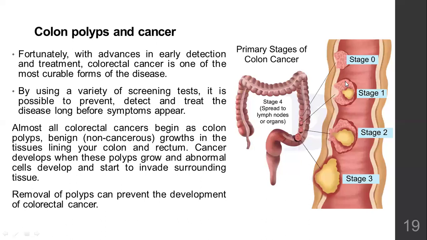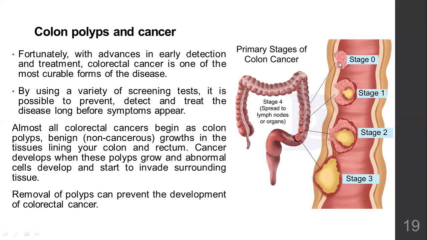A lot of screening tests are also possible to understand whether you have polyps or whether it has become cancerous. Almost all colon cancers or colorectal cancers begin as polyps in stage 0.